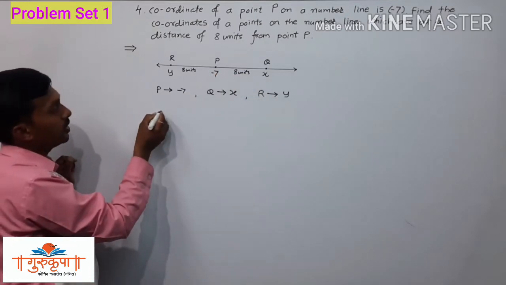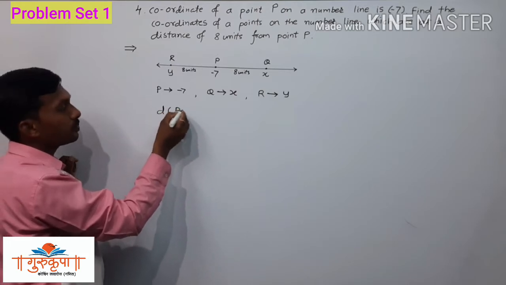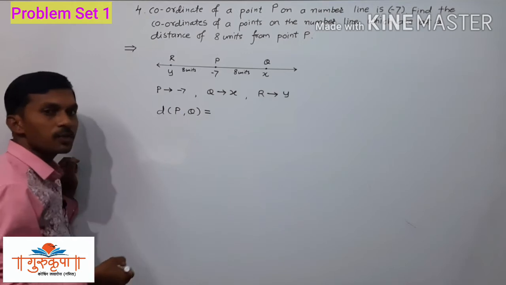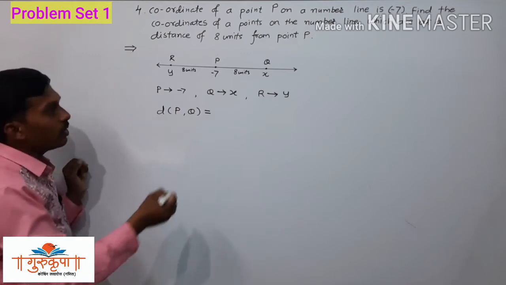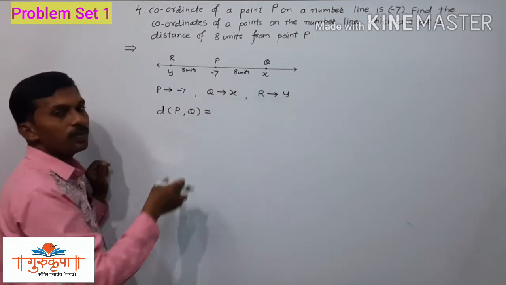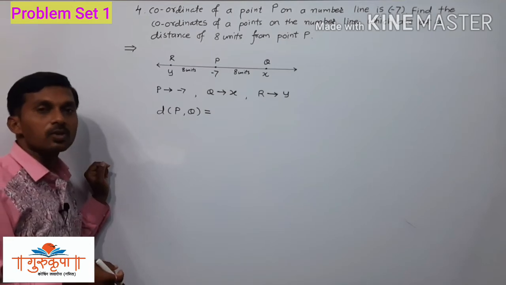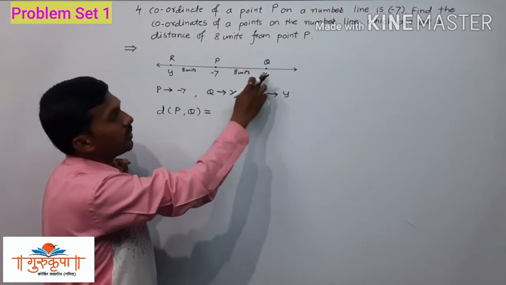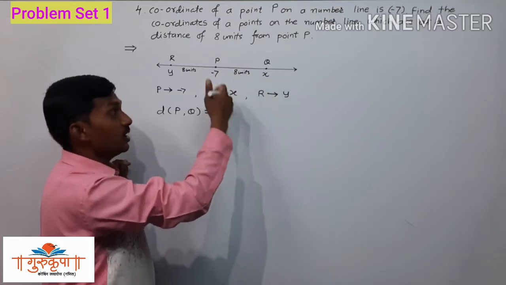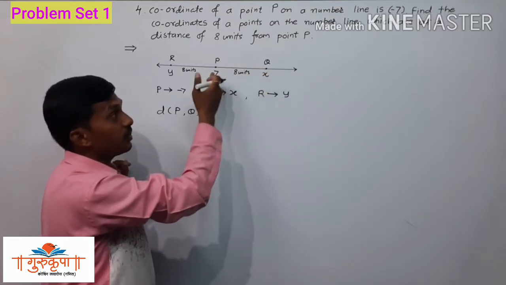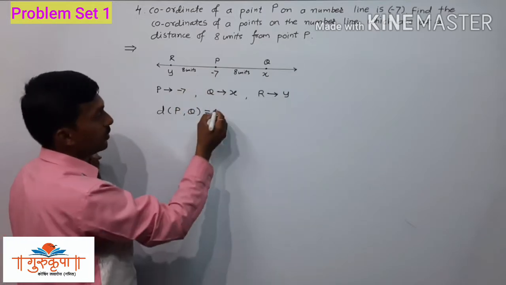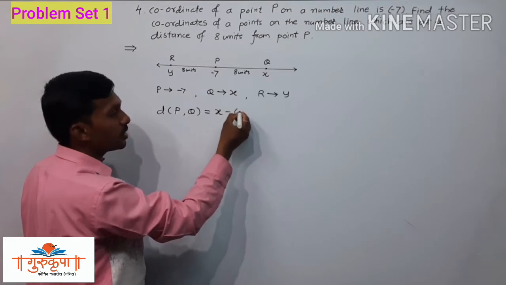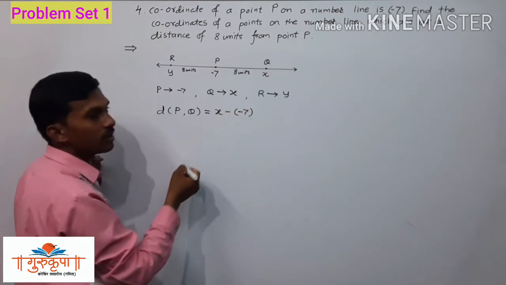How can we find the distance PQ? We have a formula: bigger coordinate minus smaller coordinate. Here we have the coordinates -7 and X. Since X is at the right side, X is greater and -7 is smaller. So we subtract the smaller coordinate from the bigger coordinate, that is X minus -7.